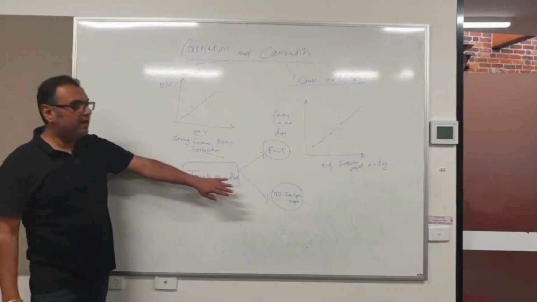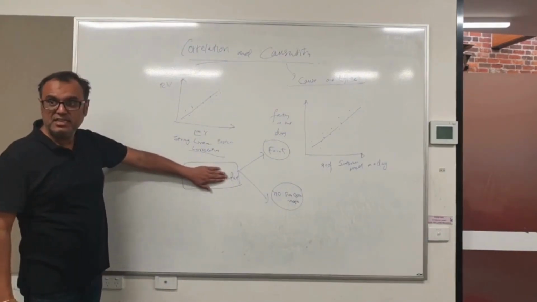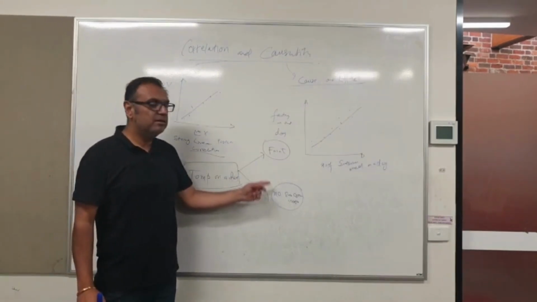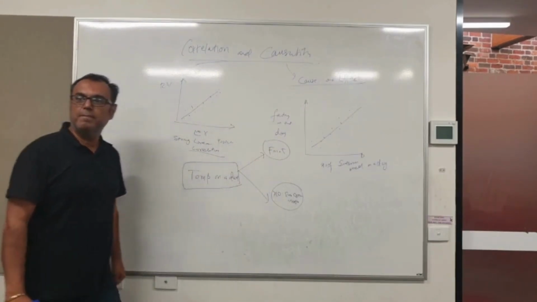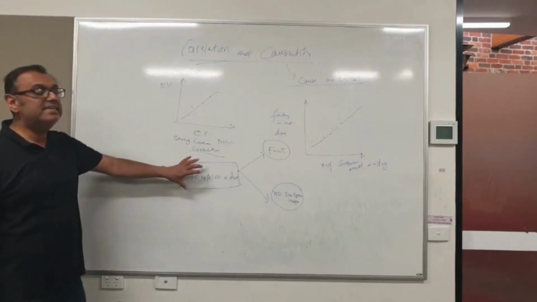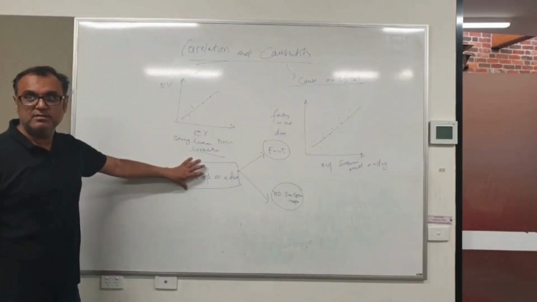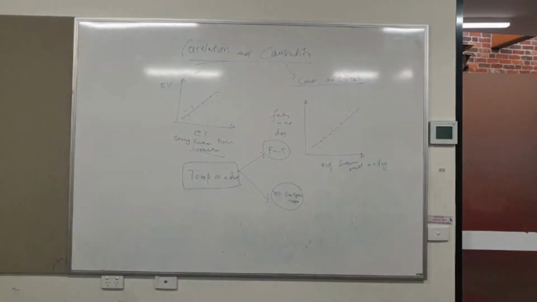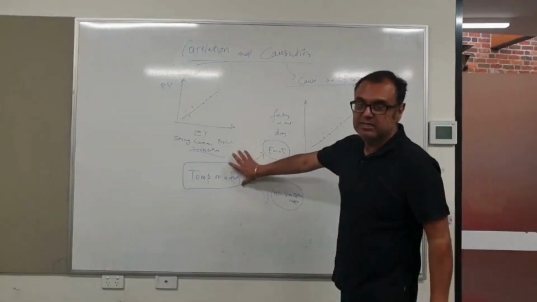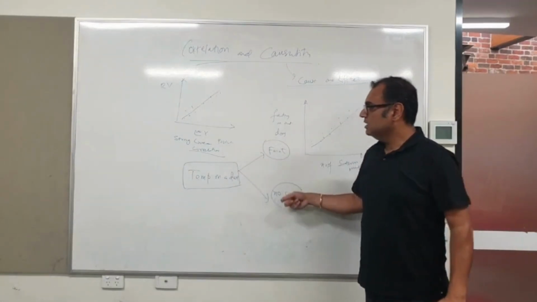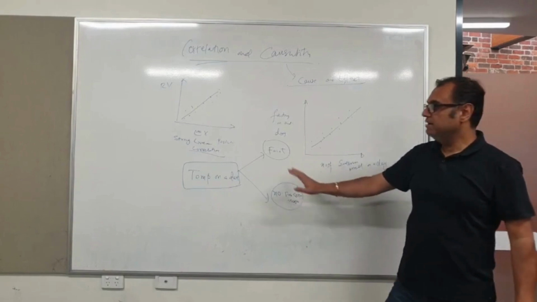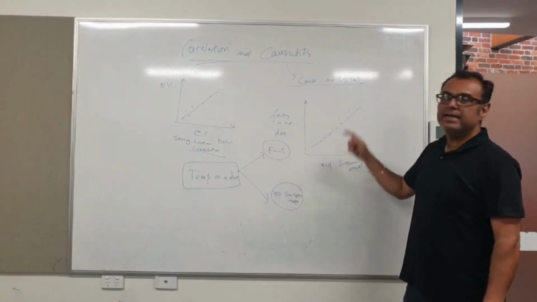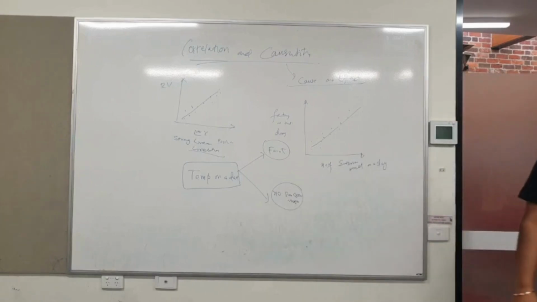So what is happening here? Behind the scenes, there is something which is impacting both of them. There is a common factor which is driving both of them. And if we forget this and we draw the scatter plot between the two, I get a perfectly positive correlation.